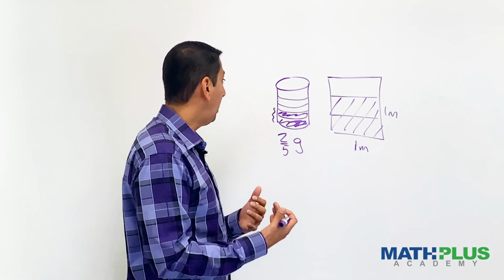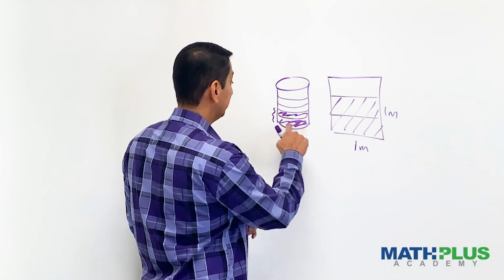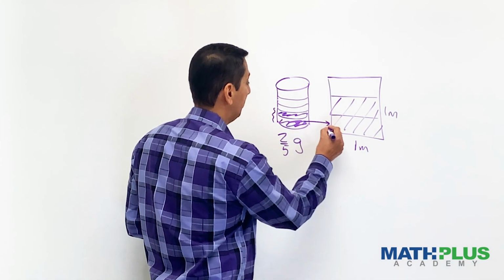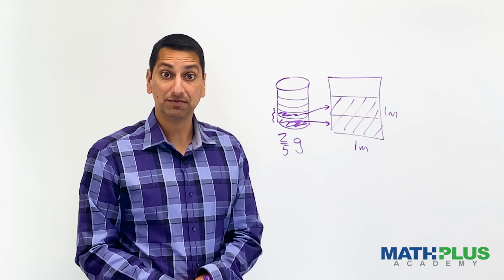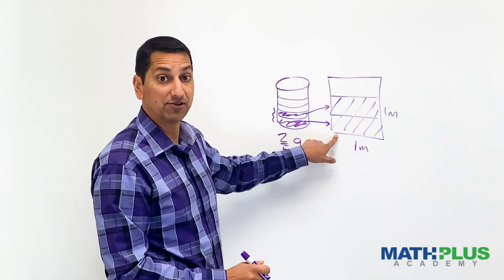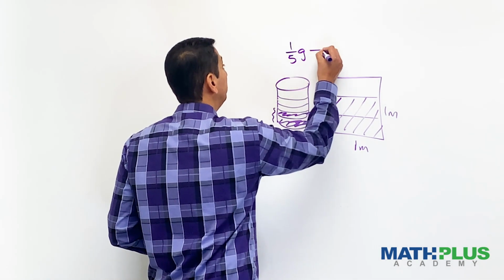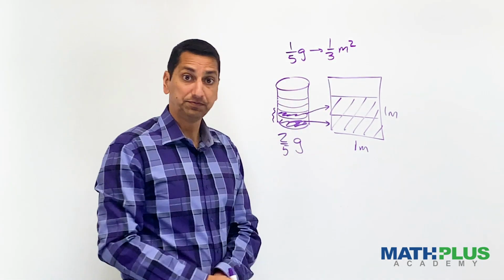Okay, well, I can already start to see that this little section of paint, because this is split into 2 pieces, this section would paint that section, and this 1/5 would paint that part. Okay, so 1/5 of a gallon paints 1/3 of a wall. That's good to know. 1/5 of a gallon paints 1/3 of a square meter.